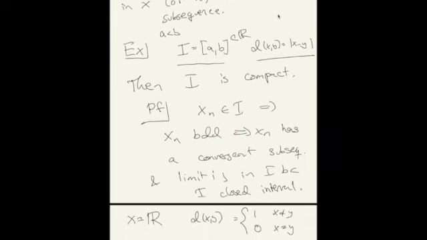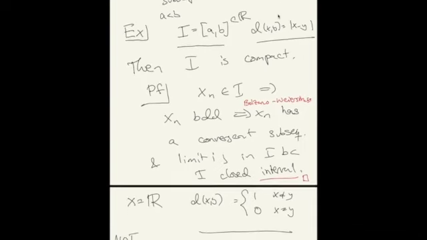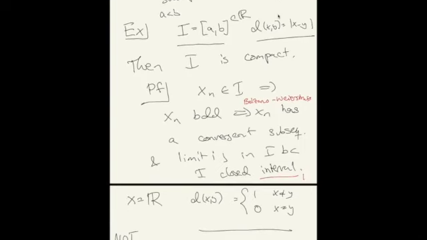And because it is bounded, it has a convergent subsequence, now, by Bolzano-Weierstrass. And the limit is in I because I is a closed interval. So we're done. So there exists a convergent subsequence that converges to something in your subset.